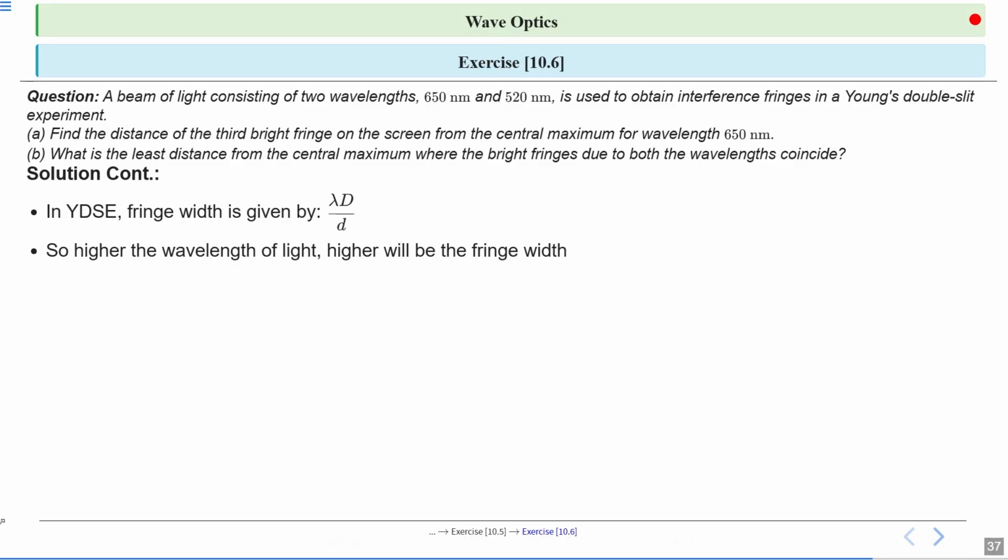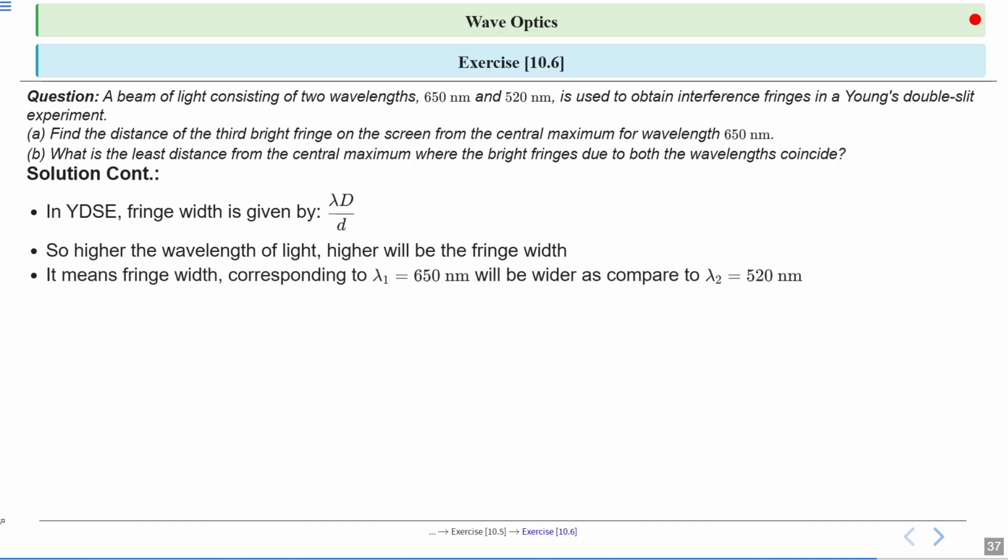So if we have light with a longer wavelength, the fringes will be spaced further apart. This relationship implies that the fringe width for 650 nanometer wavelength will be wider compared to the 520 nanometer wavelength. This difference in fringe width is crucial for understanding how the interference pattern changes with different wavelengths.